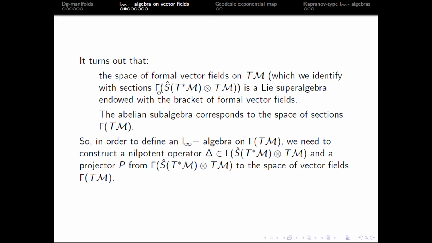I should say more details about it, and I'm going to do it next. What I mean by this is the symmetric completion. So you will have not only polynomial expressions, but you will have formal power series. Okay, thank you. It's a graded completion.